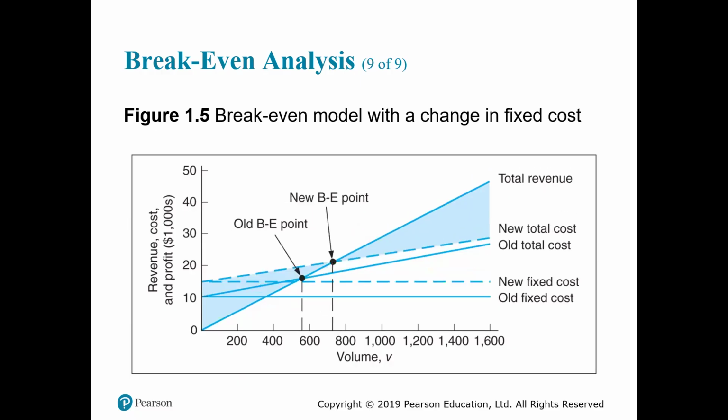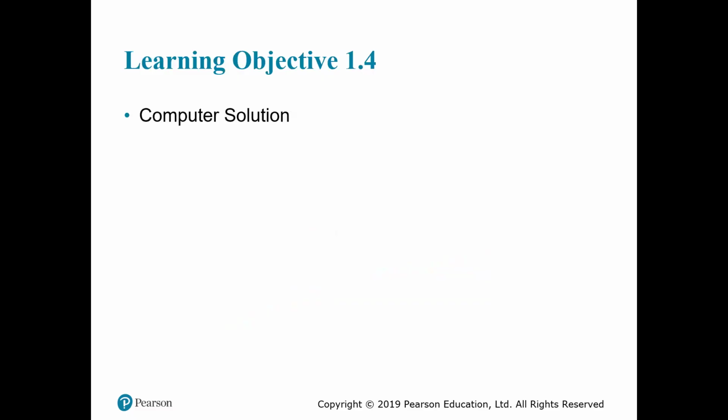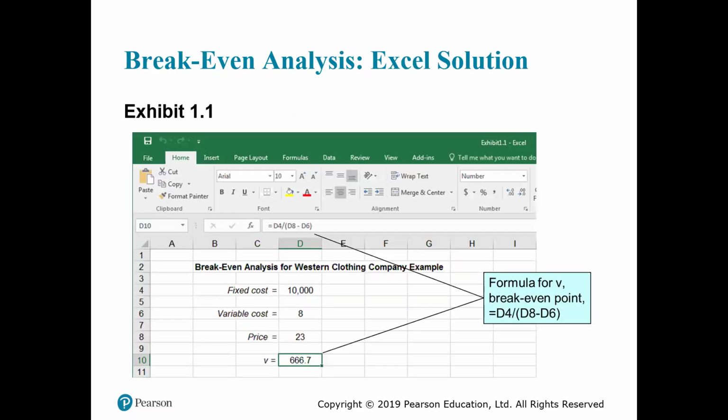Now let's look at the Excel solution. I sent to you exhibit 1.2. So if you open exhibit 1.2 on your computer, you will have this interface. But this is just a raw Excel input.